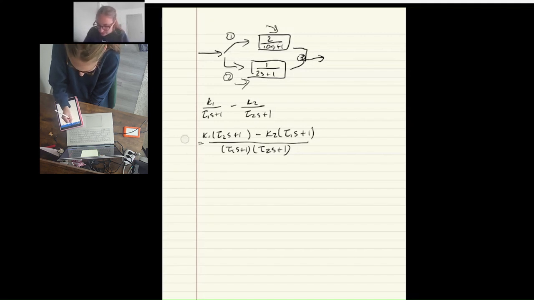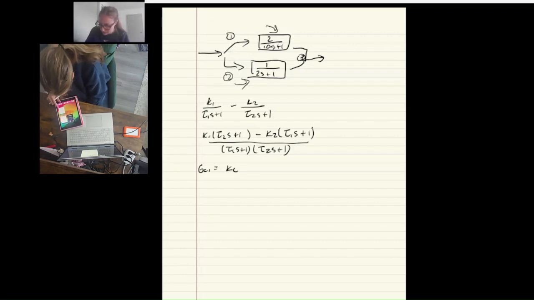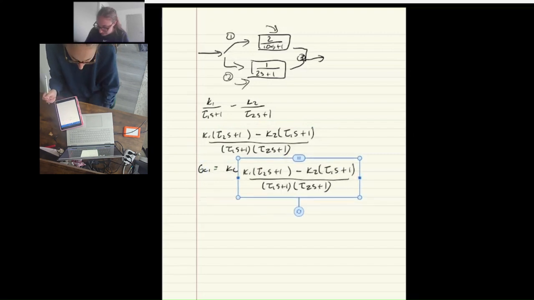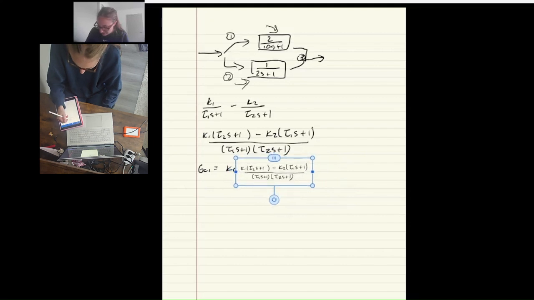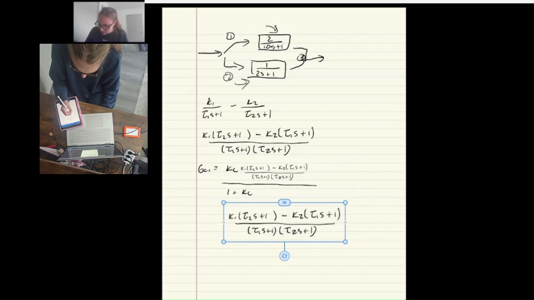So now we want to put this in our GC1 function. So it's going to be KC multiplied by this function up here. So I'm going to copy and paste it right here, and then I'm going to divide this by 1 plus KC times this function.